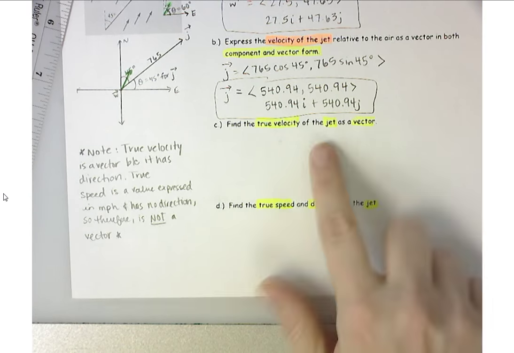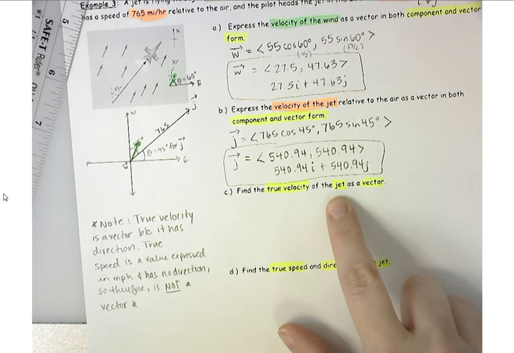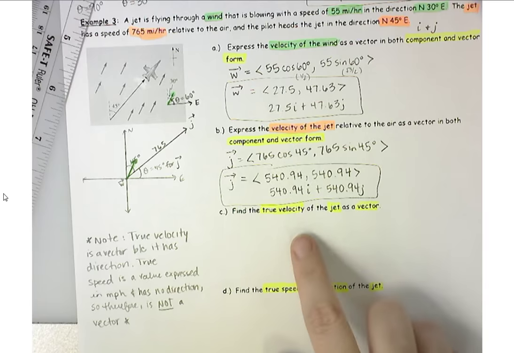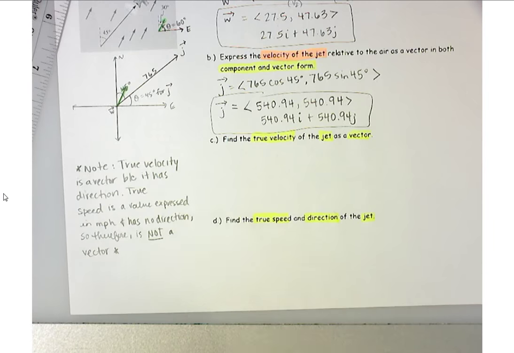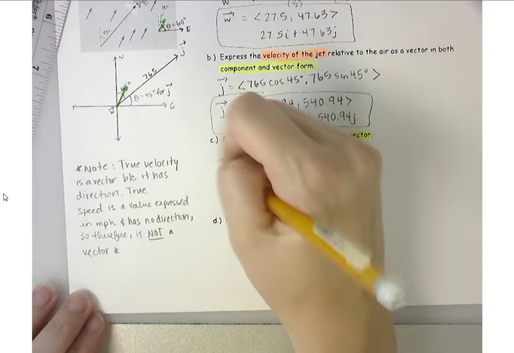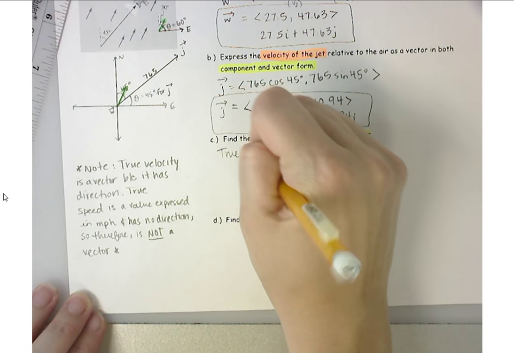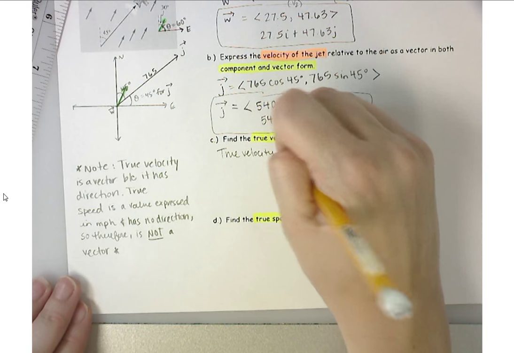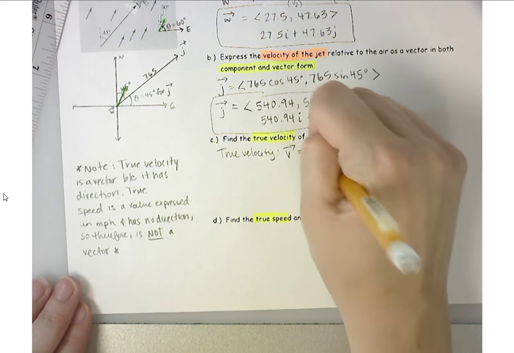So notice how we have two things with the jet. See how you have the velocity of the jet, and this is the true velocity of the jet. Okay, so your true velocity is formed by doing the jet plus the wind.